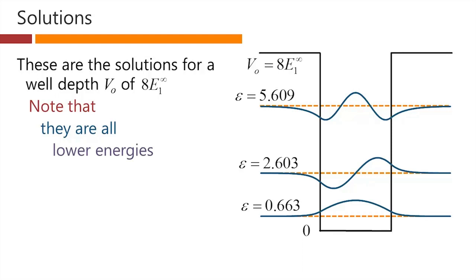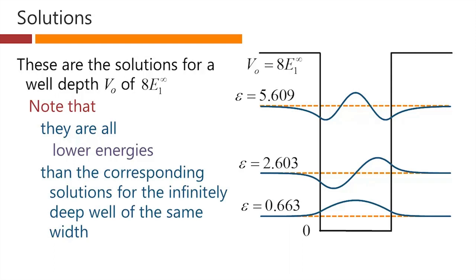Note that they are all, incidentally, at lower energies than the corresponding solutions we would get for an infinitely deep well of the same width. So this is 0.663 here, and if we look at the solutions that we would have got for an infinitely deep well of the same width, this would be where the first solution would be for that infinitely deep well. This is where the second solution would be, and this is where the third solution would be. And all of these are at lower energies.